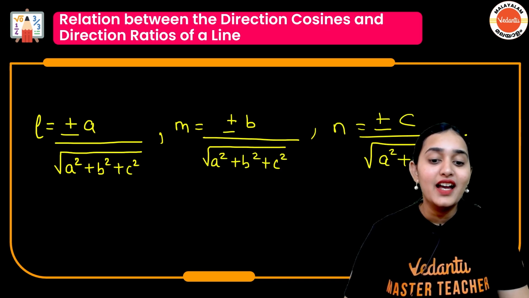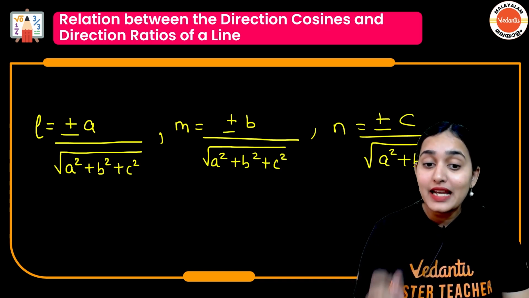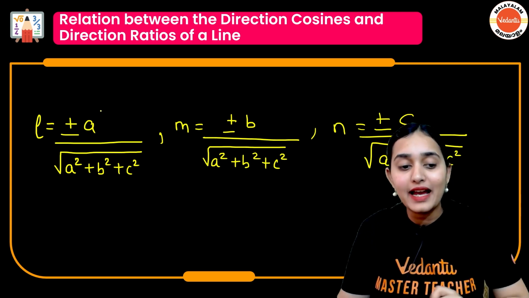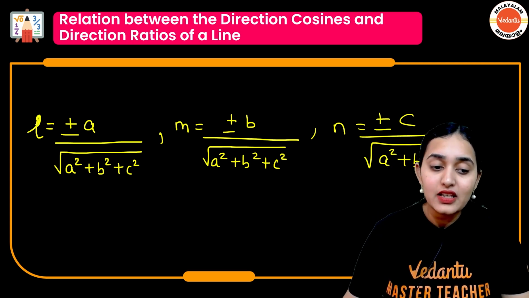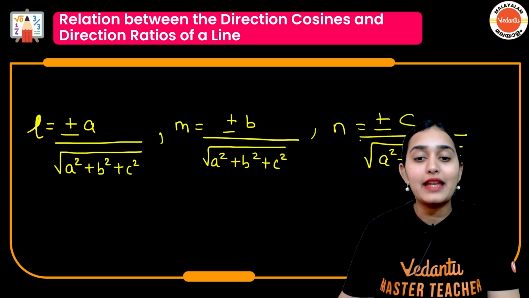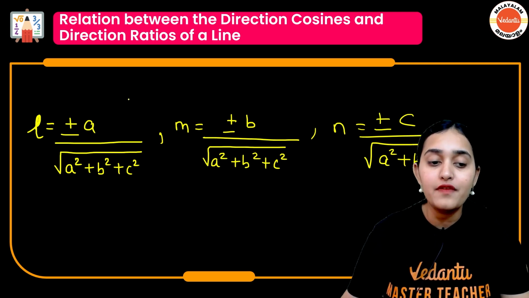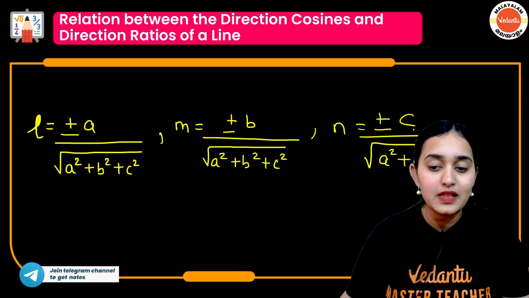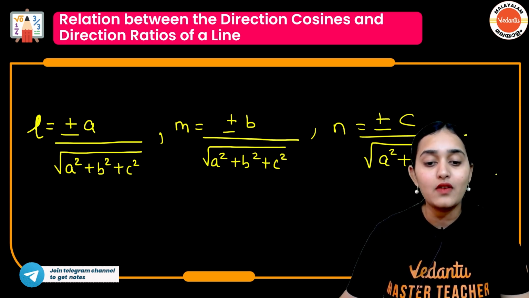Okay. Now, what is the relationship between direction ratios and direction cosines? Every direction cosine l, m and n can be obtained with the help of this formula. So, l is basically plus minus a upon root over a square plus b square plus c square. m is plus minus b upon root over a square plus b square plus c square, and n is plus minus c upon root over a square plus b square plus c square.